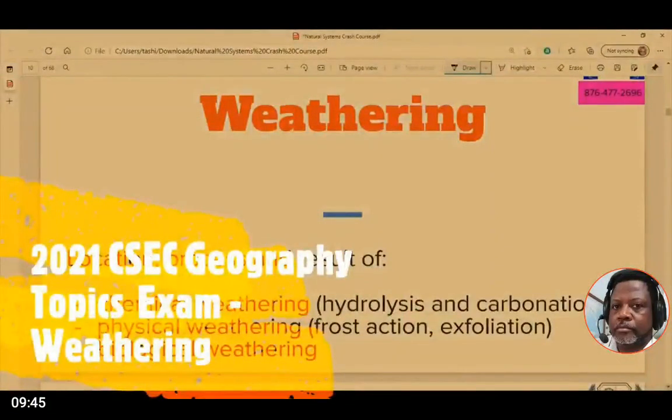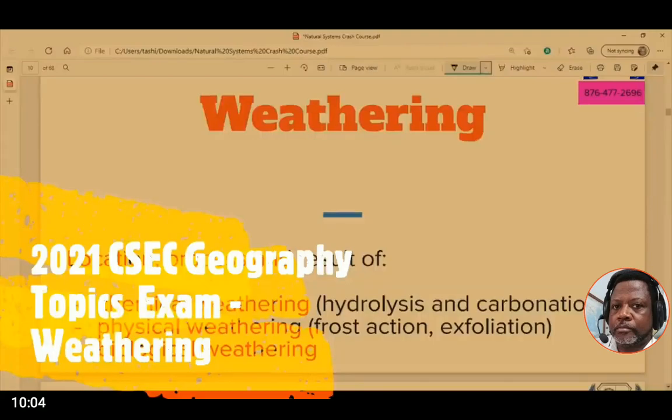So the syllabus specifically asks us to look at the location, the process, and the result of chemical weathering, physical weathering, and biological weathering. For chemical weathering, they ask us to look at hydrolysis and carbonation.